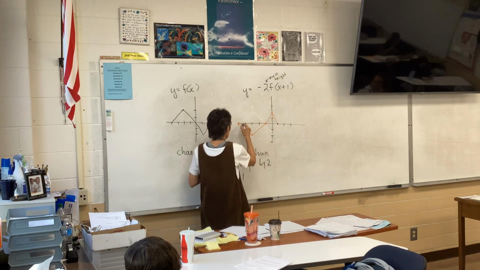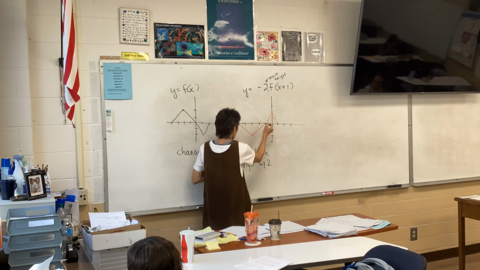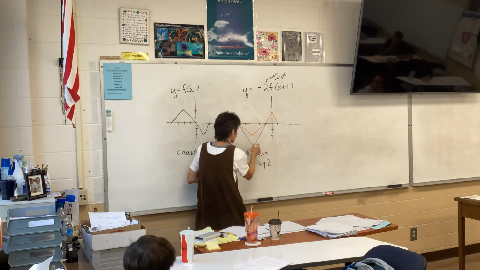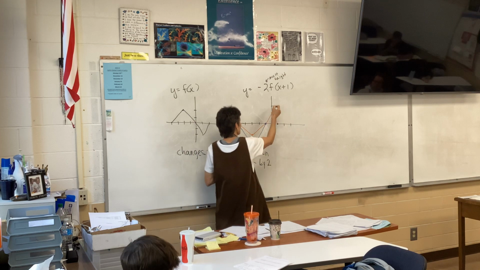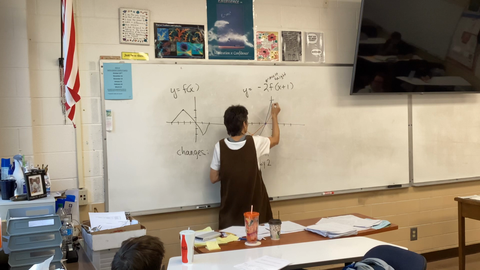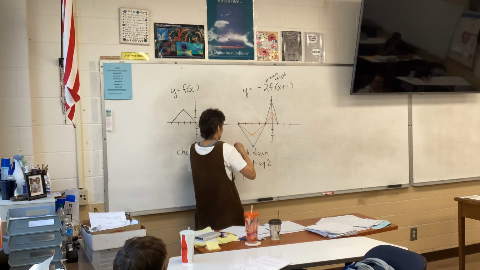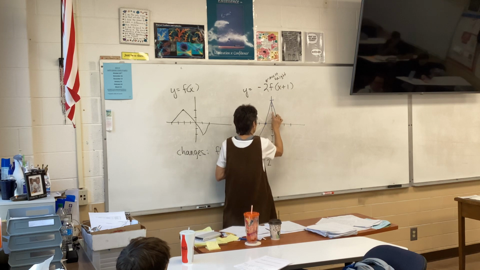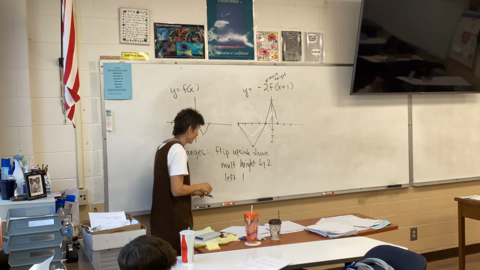Don't pick it up and move it. These points are still attached. It's just coming all the way down to 4. And then this one, these are still attached, going up to 4. So the blue is the answer to the question.